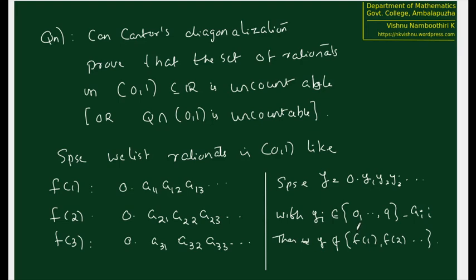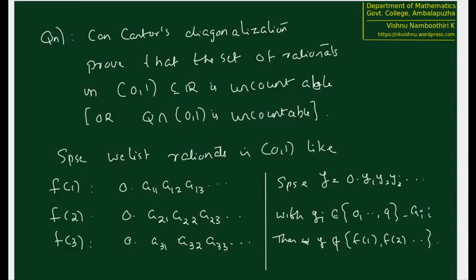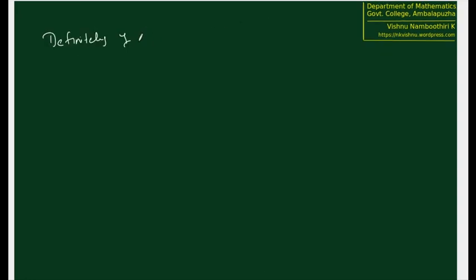It will definitely produce a y which is not in f of 1, f of 2, f of 3, etc. But the important thing is it is not enough to get just a number that is not in this list. So what we are saying here is definitely y is not in f of 1, f of 2, etc.